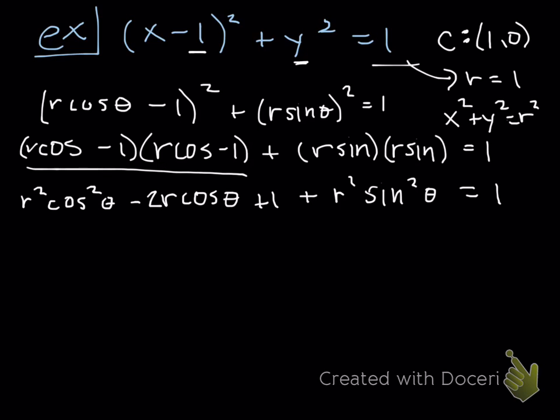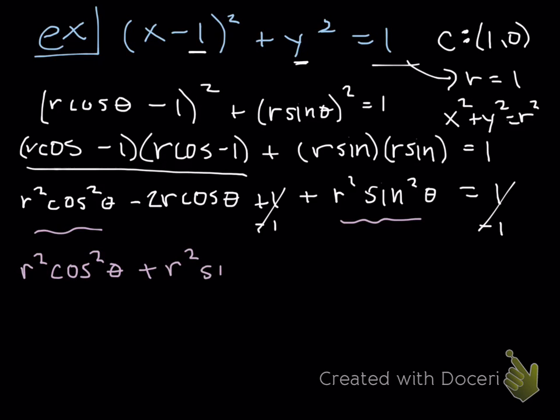And now I need to do some rearranging. I can cancel these 1's out, so they're going to cancel out on both sides. And I'm going to move this term right here to be next to this term there. So I'll have an r squared cosine squared of theta plus r squared sine squared of theta minus 2r cosine, and now it's equal to 0 because those 1's canceled it out.